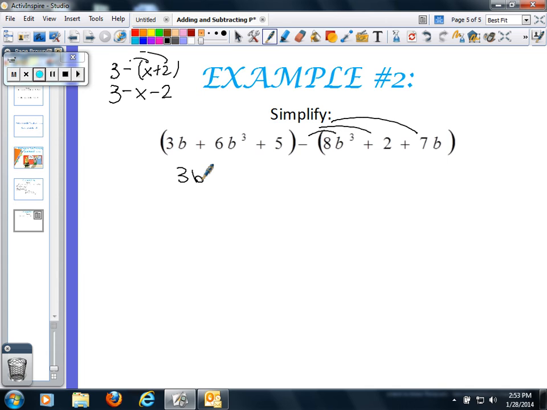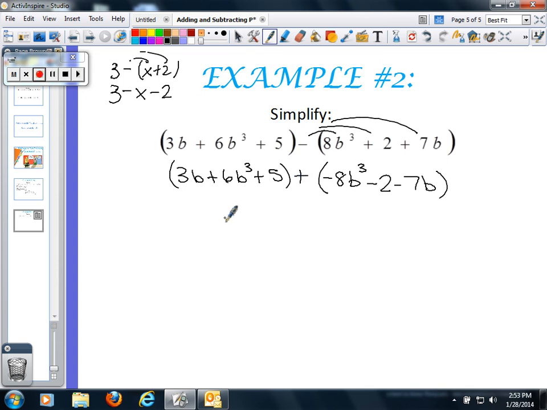So I'm going to distribute this negative to everything inside. So that's going to give me 3b plus 6b to the third plus 5 plus negative 8b to the third minus 2 minus 7b. And now that I actually have the minuses inside the parentheses, I can get rid of my subtraction, and I can use the stacking.